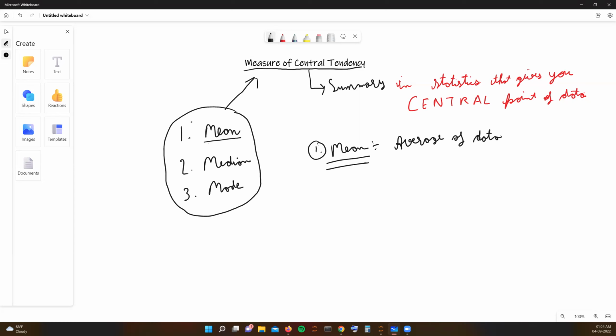If you remember from the last session, in a population the total number of elements is denoted by capital N, and the total number of elements in a sample is denoted by small n. Now let's take an example that in my population, x1, x2, x3 till xN are present.